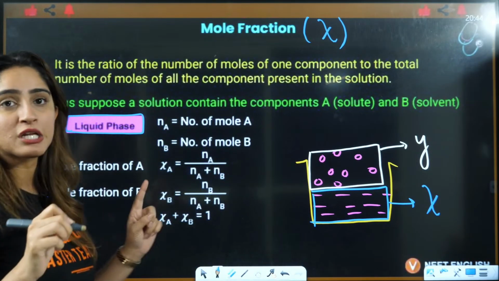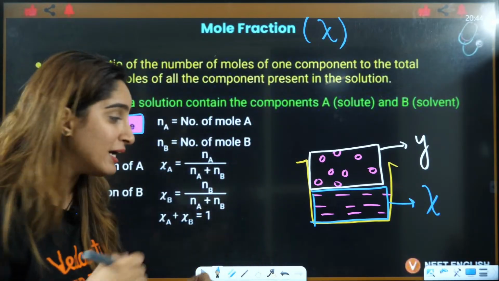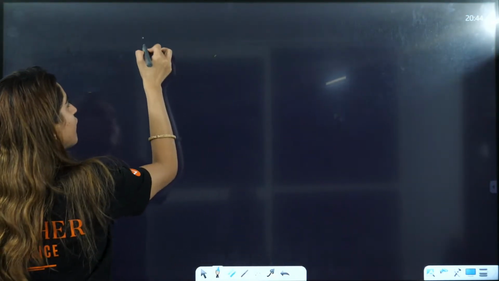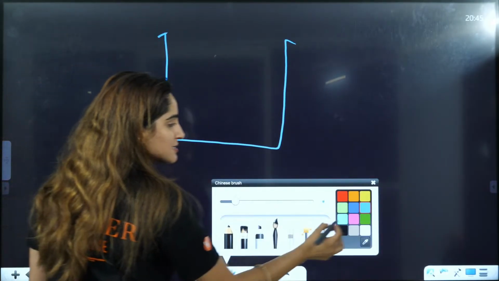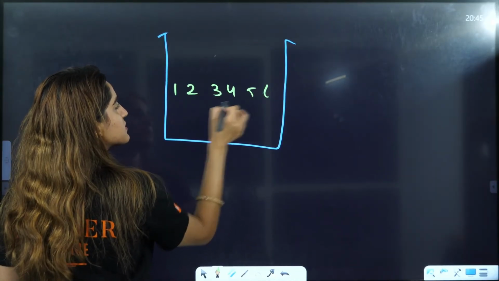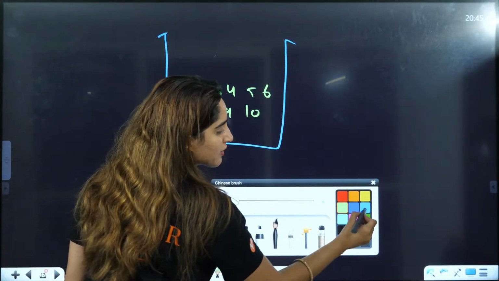So mole fraction in the liquid phase is the number of moles of that component divided by the total moles. Let's say I have a beaker and I am adding 10 components here.